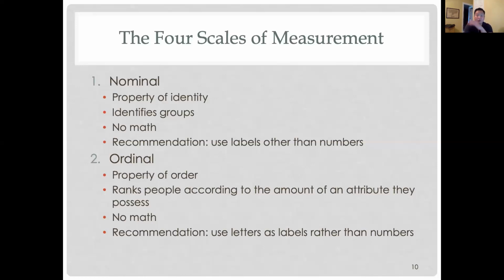Option 2 would be ordinal. And this is a property of order, back to our properties of numbers. This is a ranking. And this is basically saying, best, second best, third best, first, second, third. If you think about it, if you ever ran track or swam or did something like that, or if you run 5Ks or whatever, ordinal would be like you placed first, second, or third.